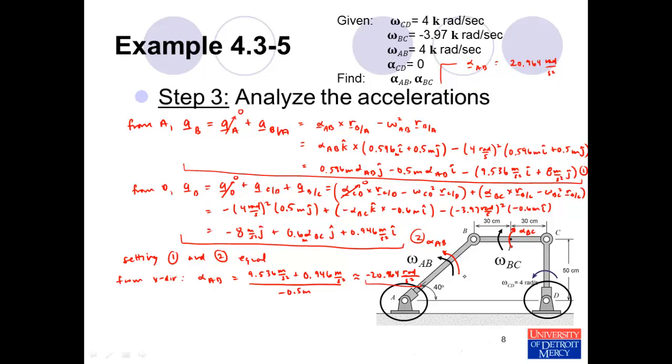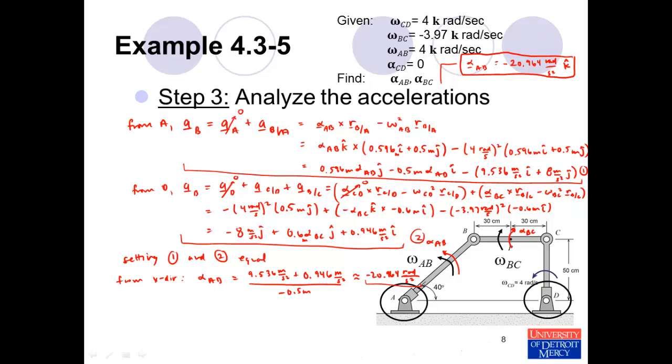We had initially assumed it was rotating counterclockwise. It's actually rotating clockwise. So if we roll our fingers in the clockwise direction, that's the negative k. So that's our first angular acceleration that we were trying to find.